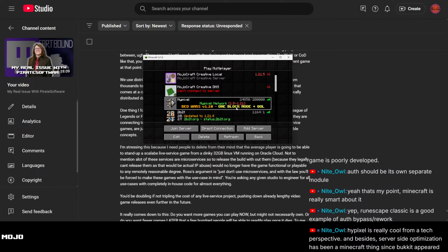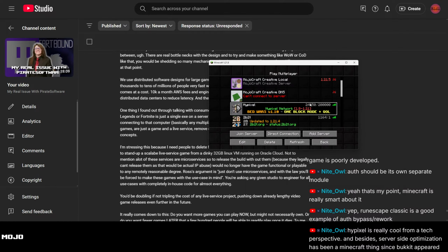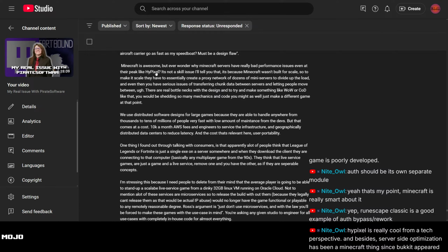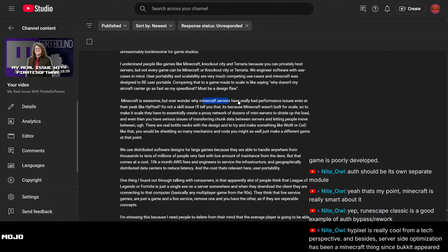Because Minecraft is open source, well not open source, but has a client and server, someone has made this, and look, they've got a max capacity of 200,000 people. I know what he's saying, but I don't know what he's saying with this one actually. I don't know what the point is against Stop Killing Games.